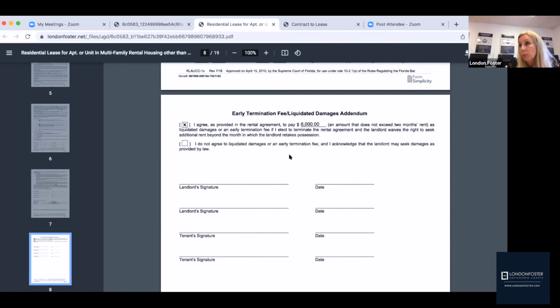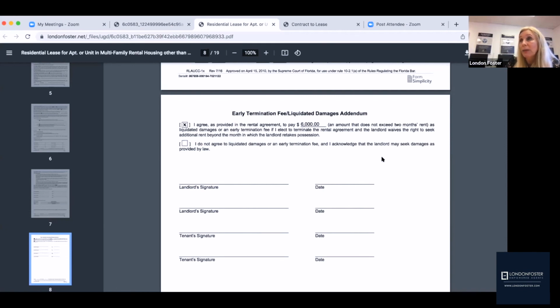If it's a furnished apartment and there's damage to it, he can collect both the damages and unpaid rent. And he can also keep the deposit, because this is liquidated damages in addition to that deposit. So if this tenant, in my example, broke their lease, the owner has the right to go after $6,000 for the liquidated damages plus the $6,000 deposit.